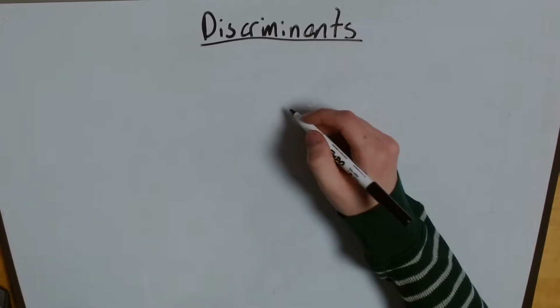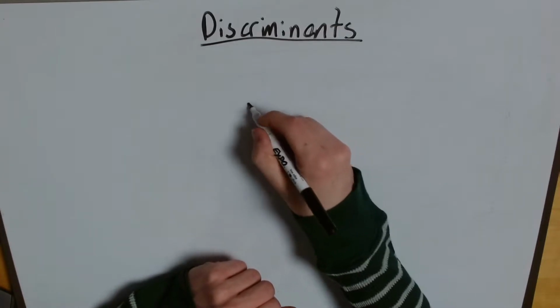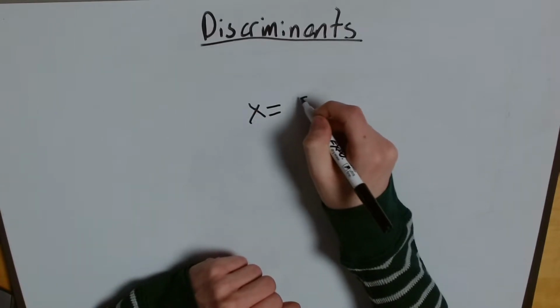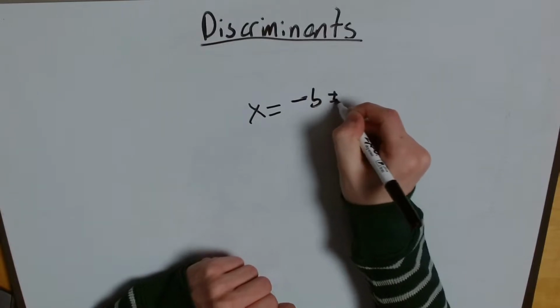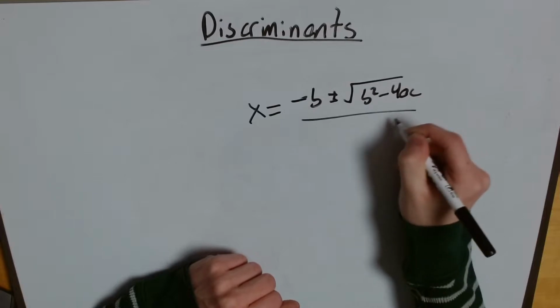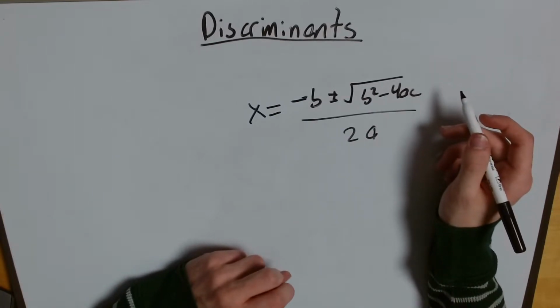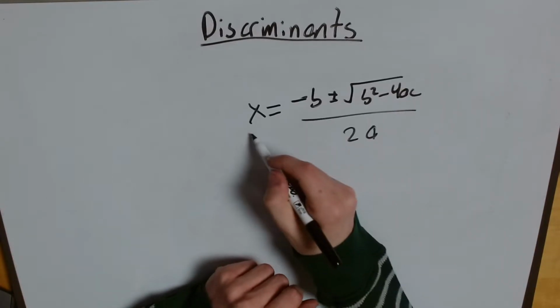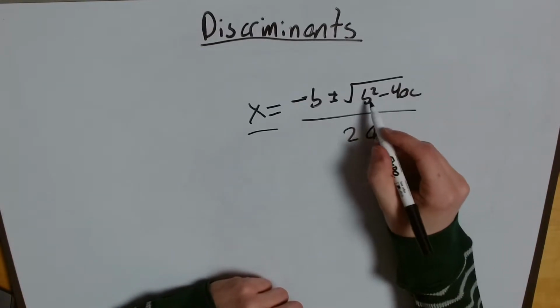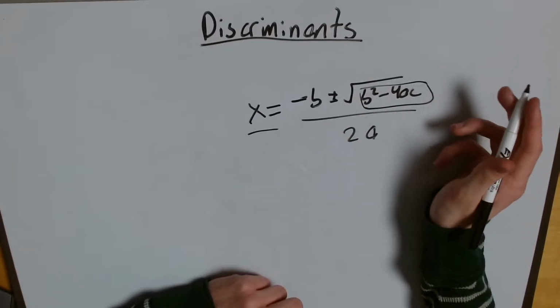Basically, we have the whole quadratic formula: x equals -b plus or minus the square root of b squared minus 4ac all over 2a. That's a lot to do every single time. Well, if this were to be imaginary, that would mean this square root part would have to be less than 0.